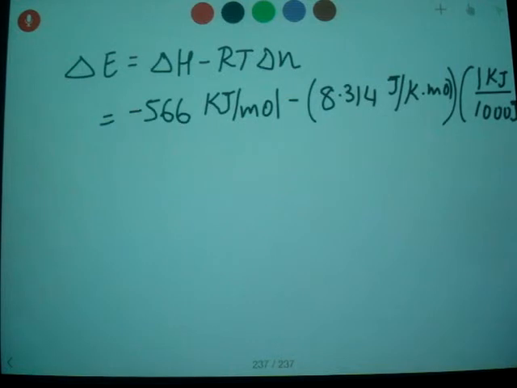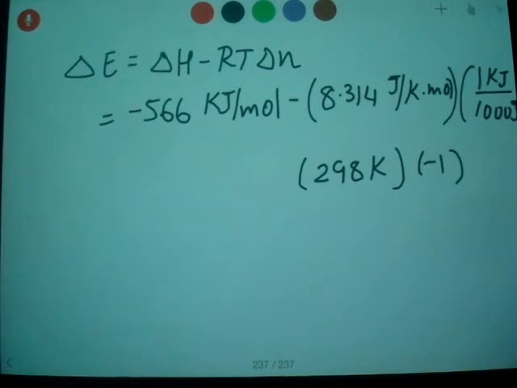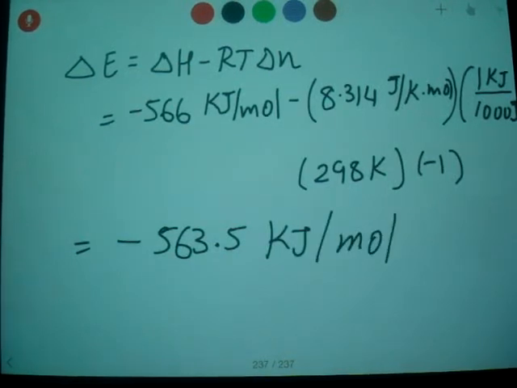Temperature we have 298 Kelvin and delta N we have negative 1. Okay. So when you calculate, you get negative 563.5 kilojoules per mole. And that's how you calculate internal energy using enthalpy.